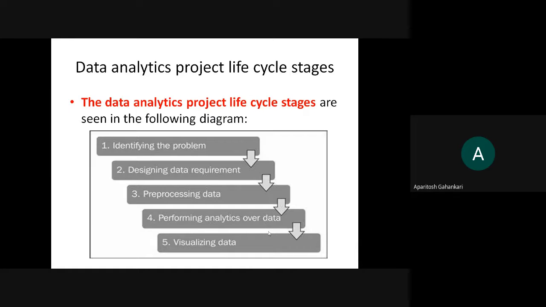In this diagram, as you can see, all these 5 steps are mentioned, and the data analytics project lifecycle stages need to be followed one by one, in a sequential manner. You cannot break the sequence of identifying the problem, then designing the data requirement, processing the data, then performing the analytics over the data, and lastly the visualization of the data.